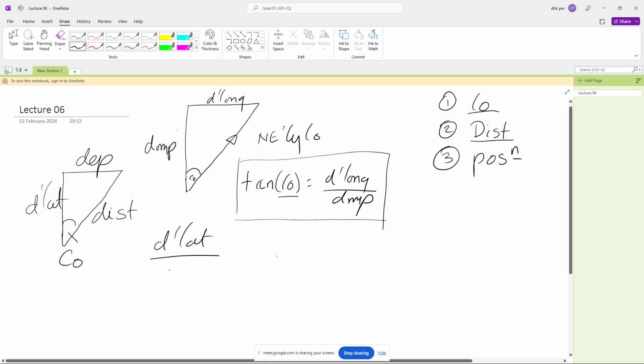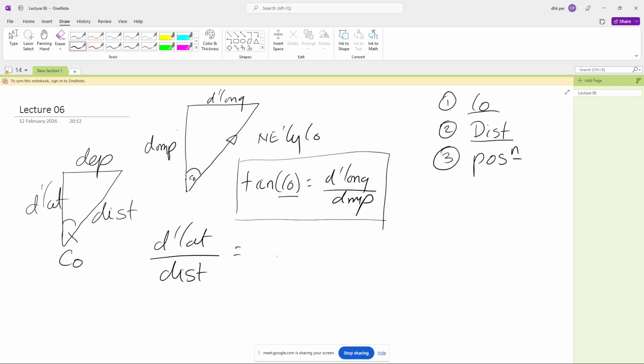So D lat divided by distance is equal to what, guys? Cos. Yes.